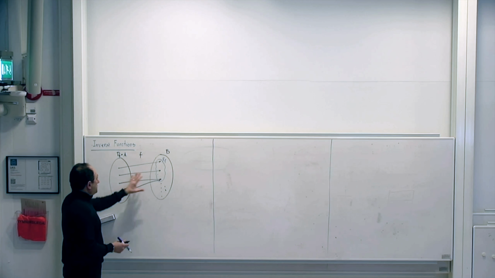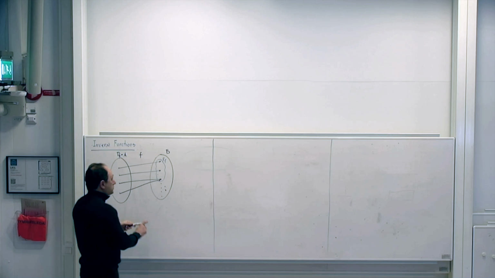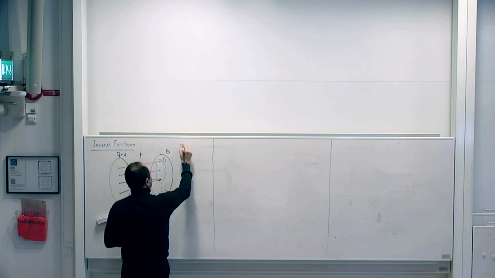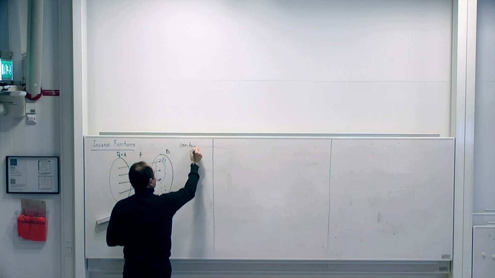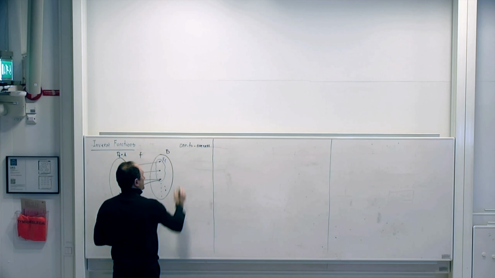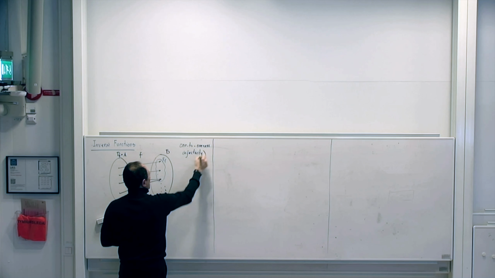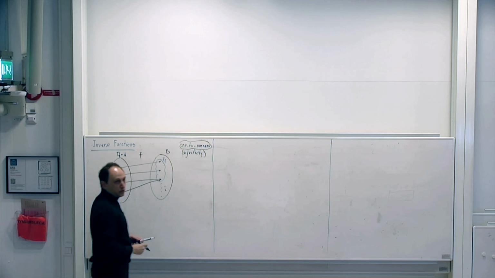But what we want to talk about today, what is important for inverse functions, is the notion of one-to-oneness. One-to-oneness of a function, we call it injectivity. This word is not used in your course, but you need to know one-to-one.